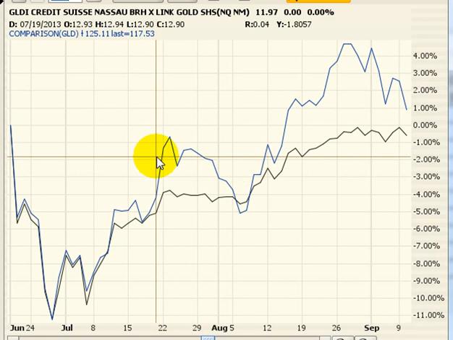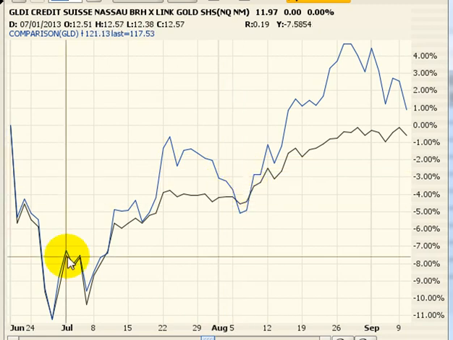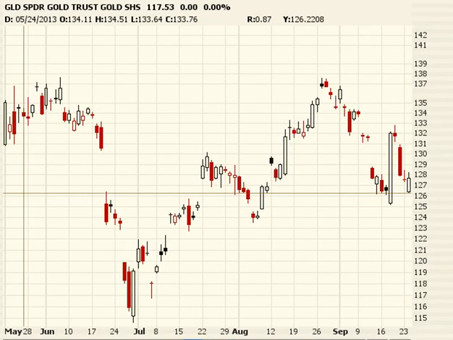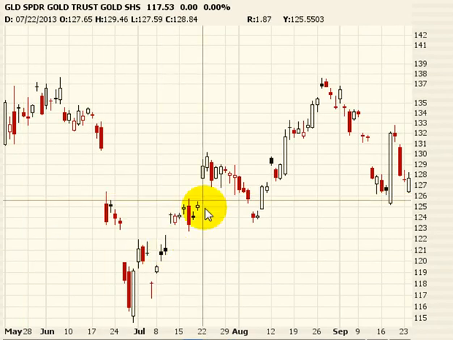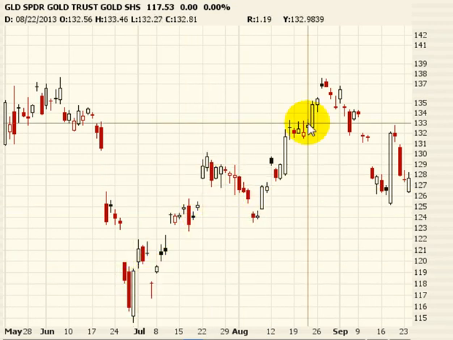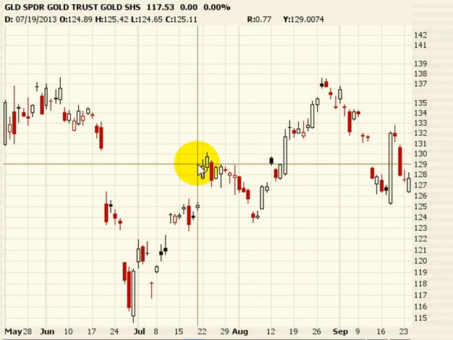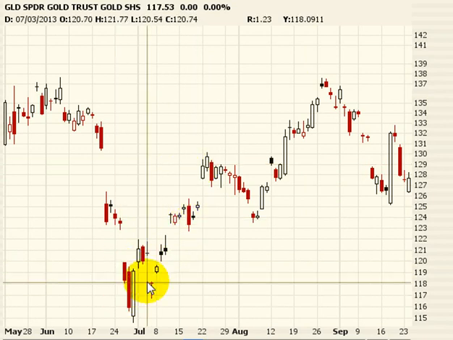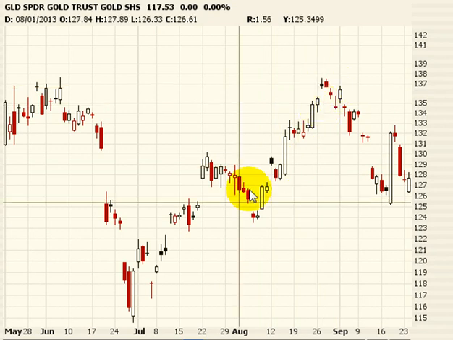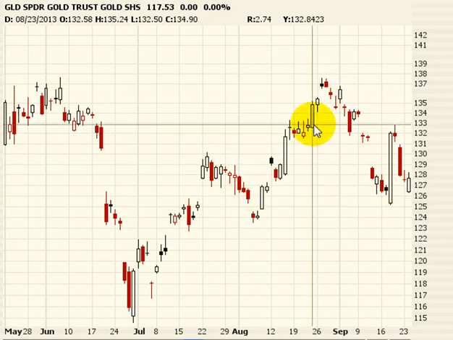So it jaggedly moves, and it might be easier if I pull in a chart of gold itself. Here's a gold chart showing you the actual bars. So here's that move up, back down, move up again, right? So you spike up. Well, actually, this is a little bit more jagged, so it's kind of up and down. And then here it's fairly directional, and that's where the big move comes in the spread.